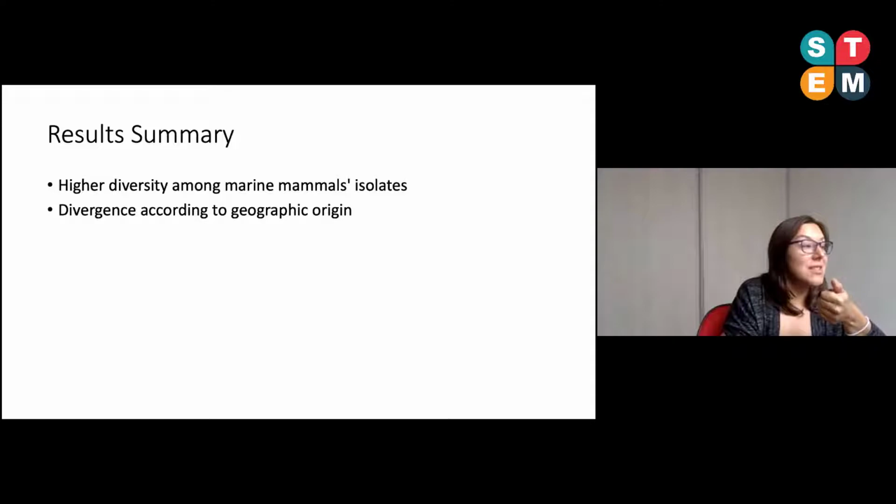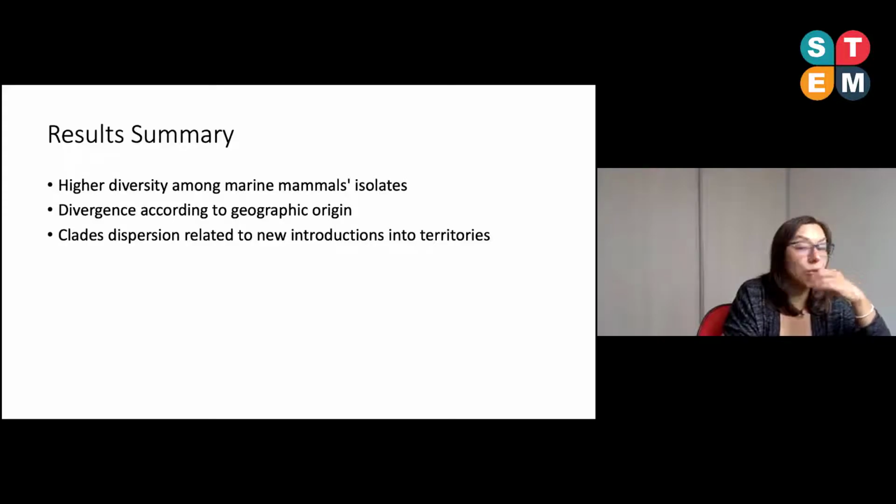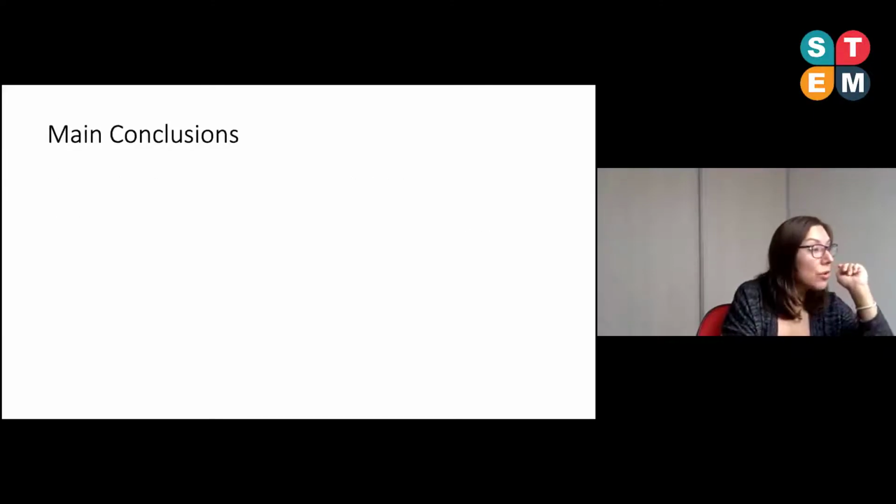The divergence that we are seeing is according to geographic origin, so that allows us to track the epidemiological origin of infections and control or call the attention and entrance points for the country. The clade dispersion is related to new introduction into territories. It also works as a gap and biosafety control.